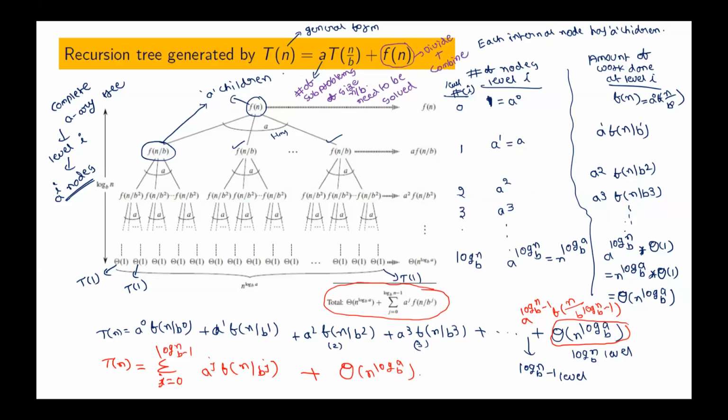Now after simplifying it by the recursion tree method, we have finally got T of n is sigma j equal to 0 to log n base b minus 1. Given the recurrence relation, after simplifying it, we have got this expression. Now we'll proceed from this.